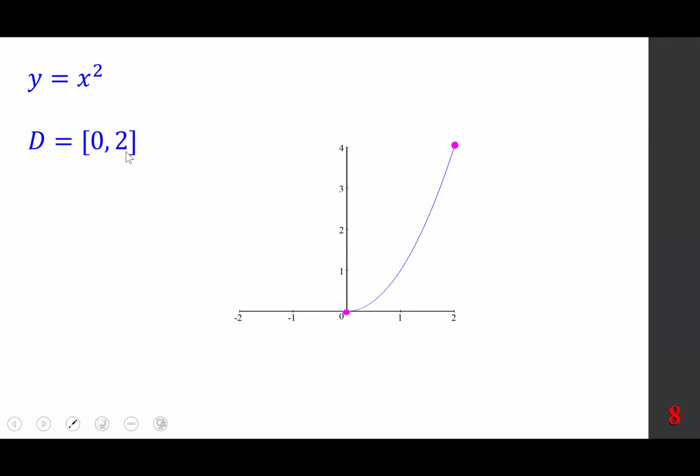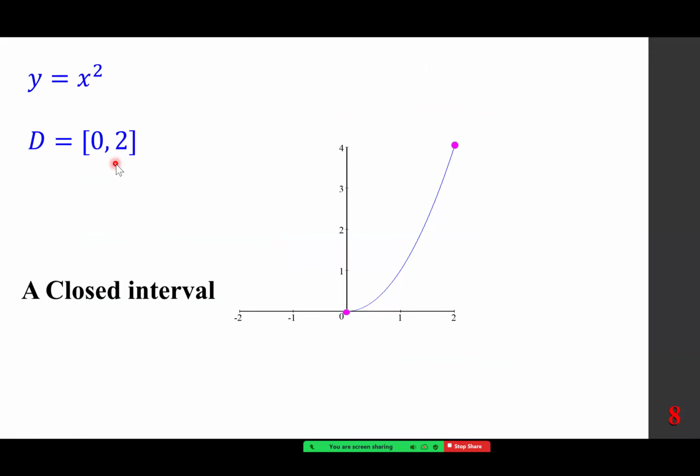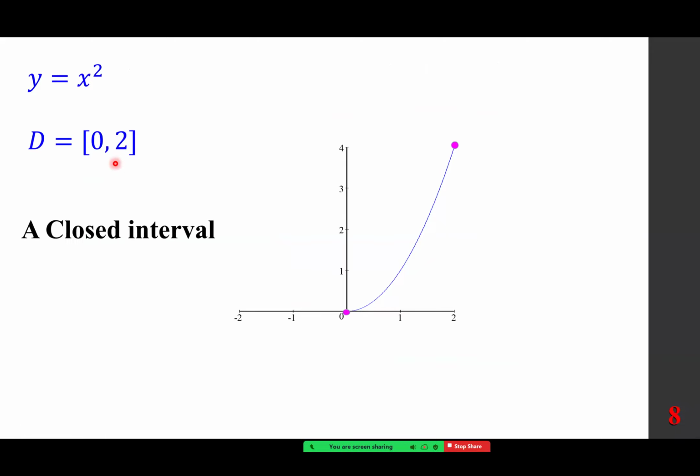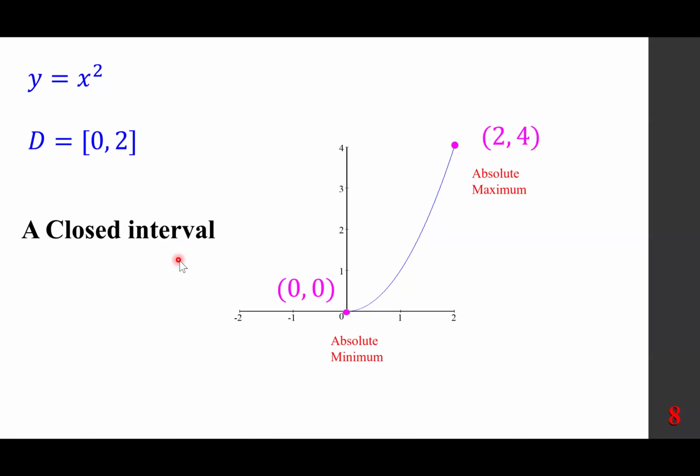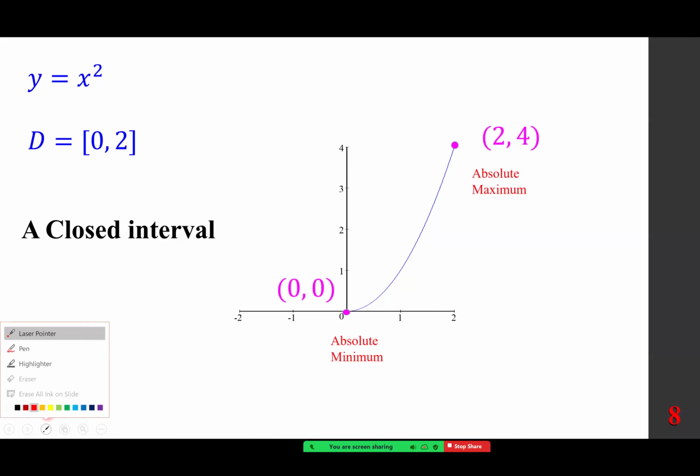We are going to look at the same function and we are going to change the domain and restrict it from 0 to 2, which is a closed interval. This is a continuous function on a closed interval. So we have an absolute minimum and we have an absolute maximum, both of them, because the endpoints can be absolute. Absolute minimum is 0 at 0, 0.